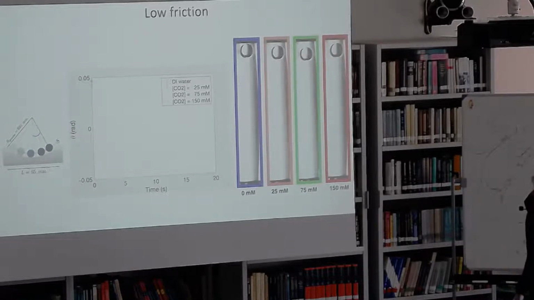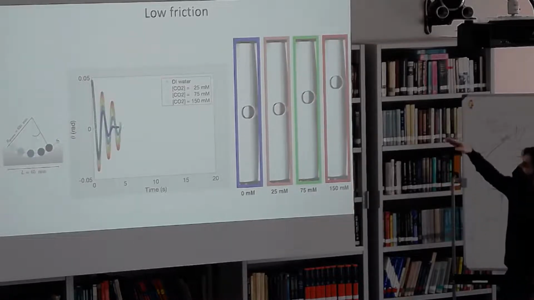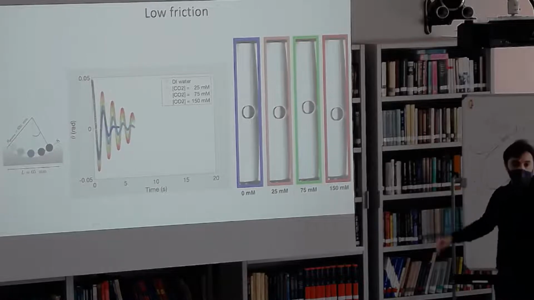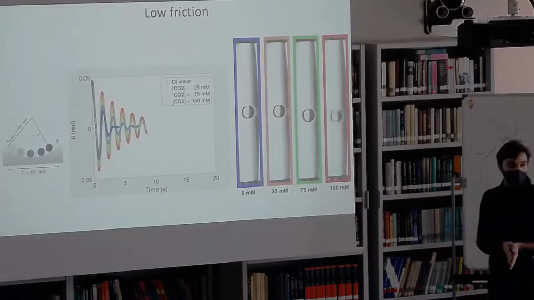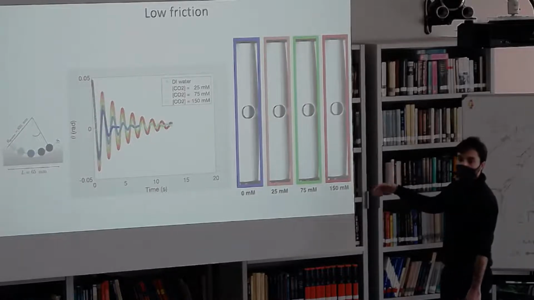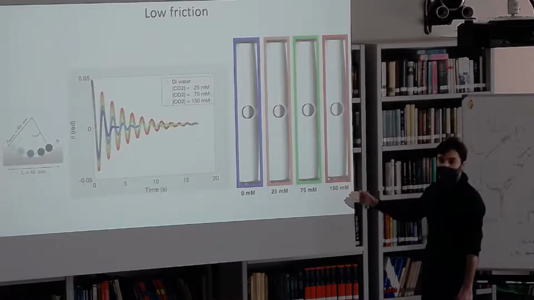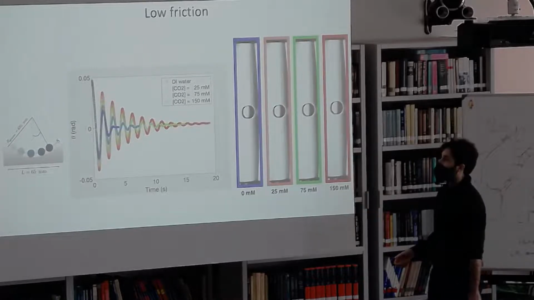And when you track the angle theta as a function of time, you are able to see that those droplets are oscillating, but they stop their oscillations at a time which is shorter for low concentrations, whereas levitation remains effective longer at large concentration of CO2.